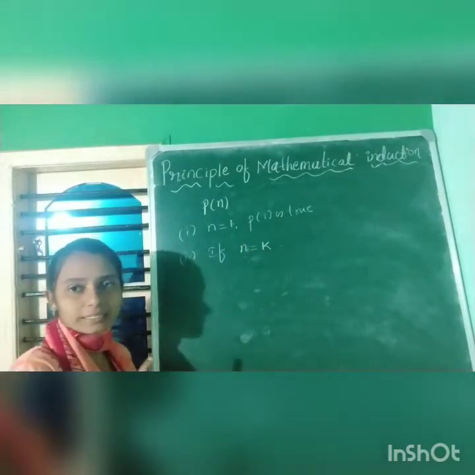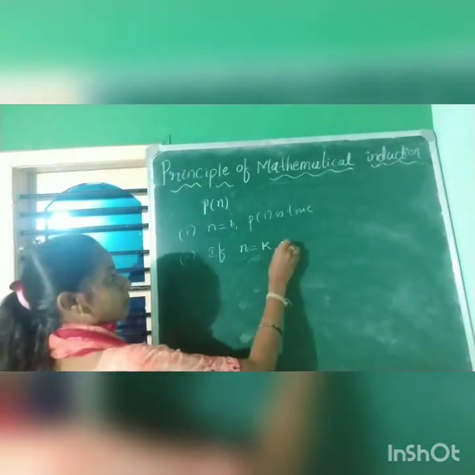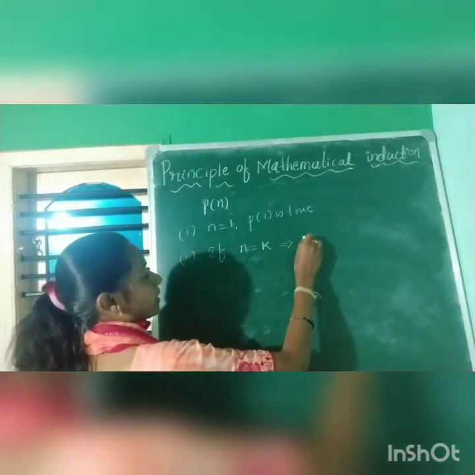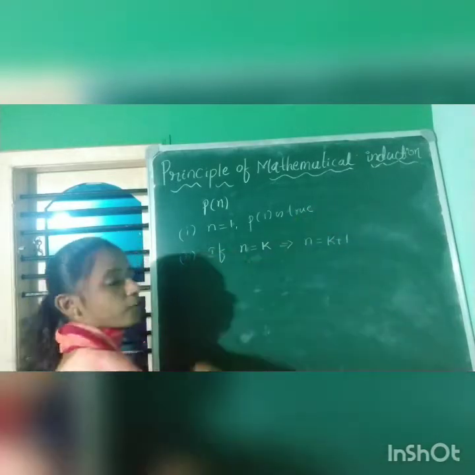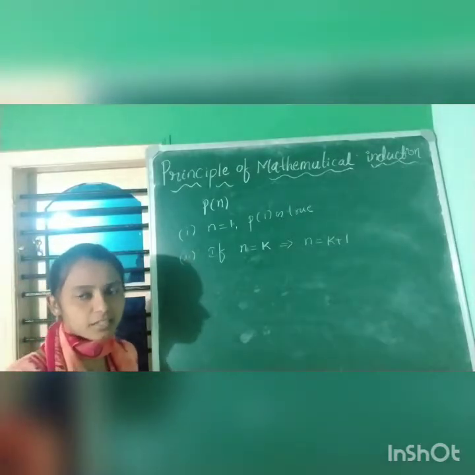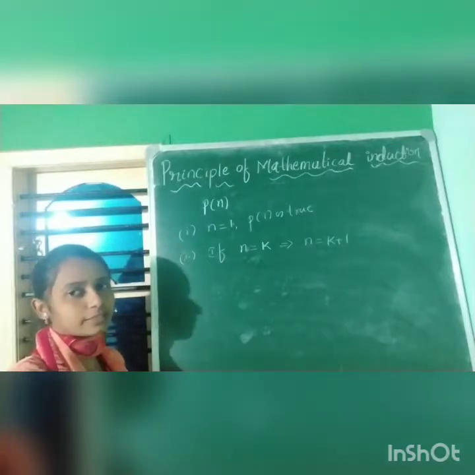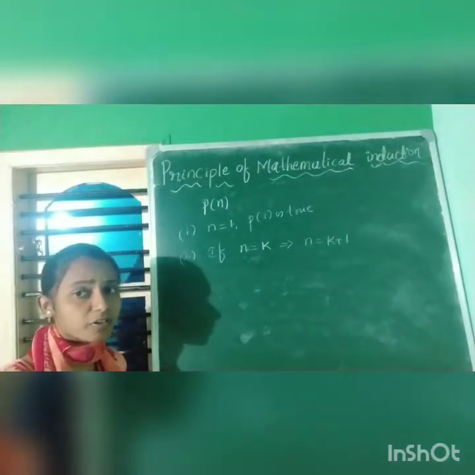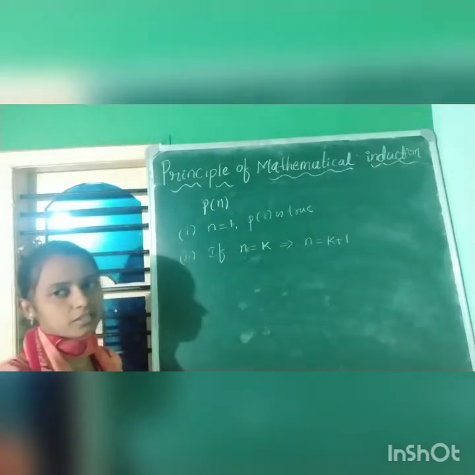You need to replace n by k. Then the given statement is true. This implies the given statement will be true even for n is equal to k plus 1. This is the light theory, but while doing the problem, you'll come to know what exactly this is.